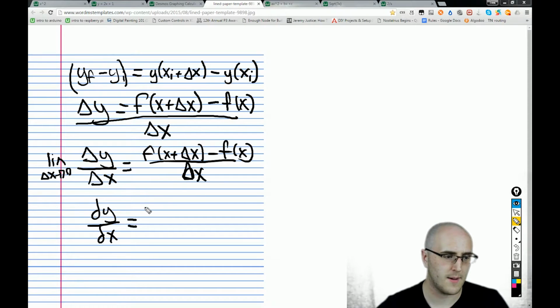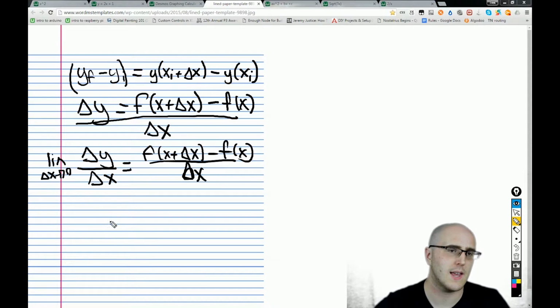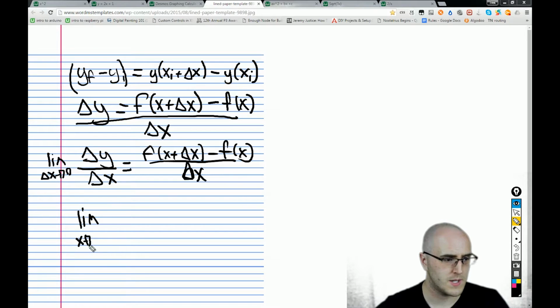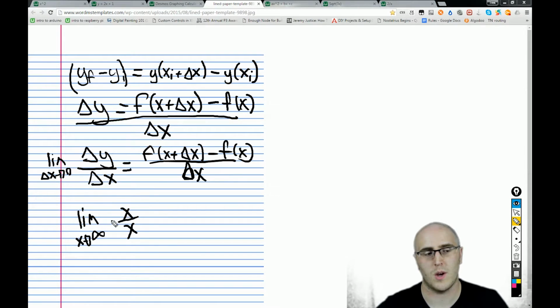For example, actually, before we talk about that particular differential, let's say, what is the limit as x approaches infinity of x over x? Now, obviously, we could just divide this out and get 1, but I think it's important to think about what's actually happening as x goes to infinity.